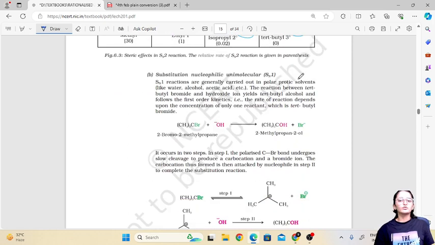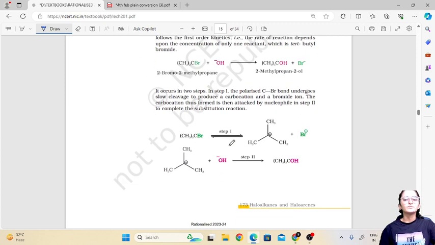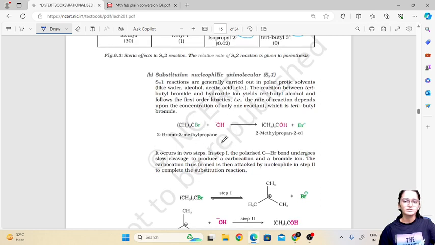Next is substitution nucleophilic unimolecular, that is the SN1 reaction. SN1 means the rate of reaction depends on the concentration of only one reactant. There are two steps in this SN1 reaction.